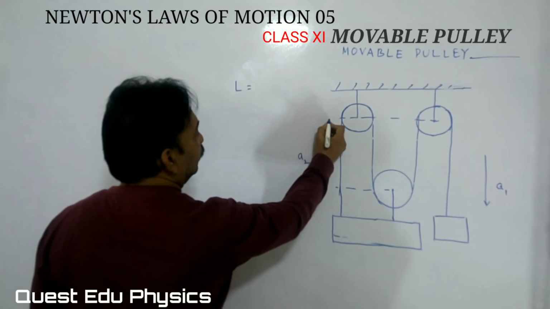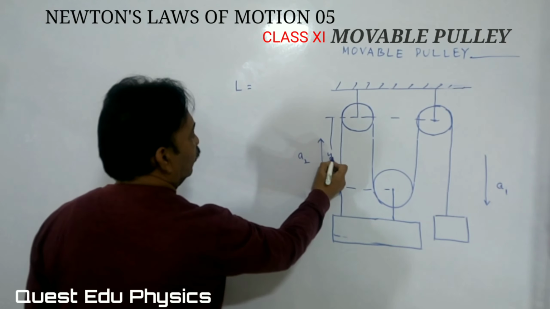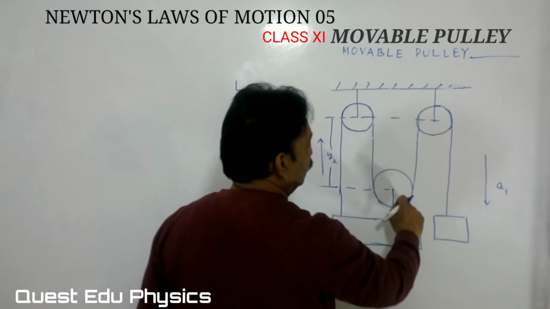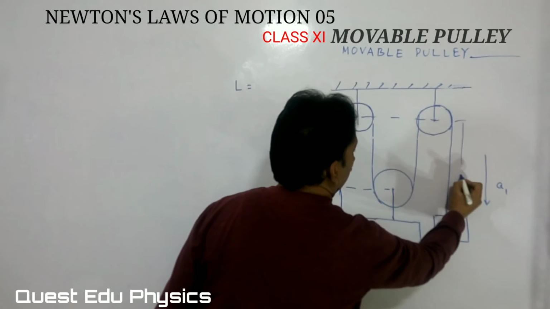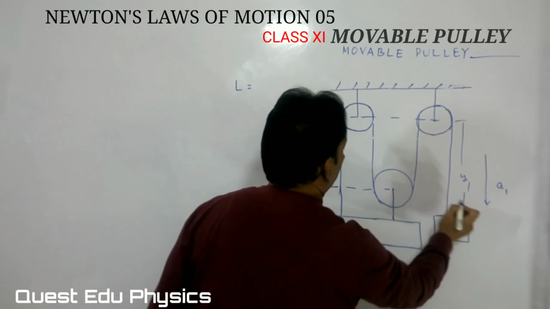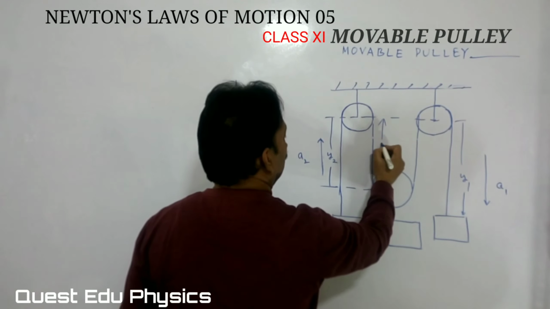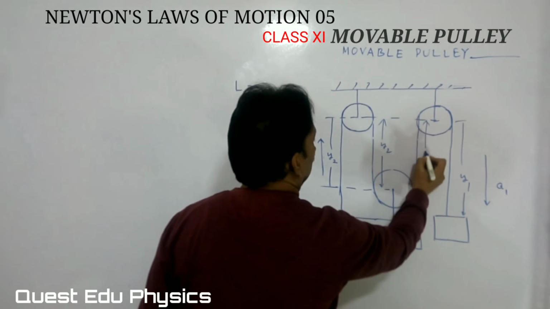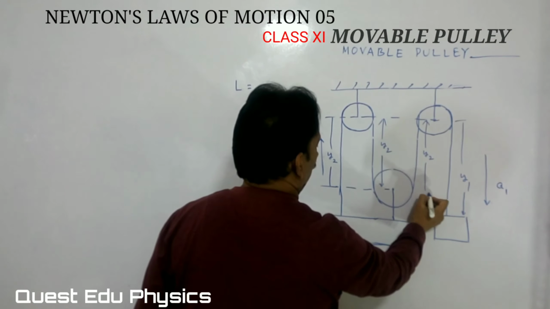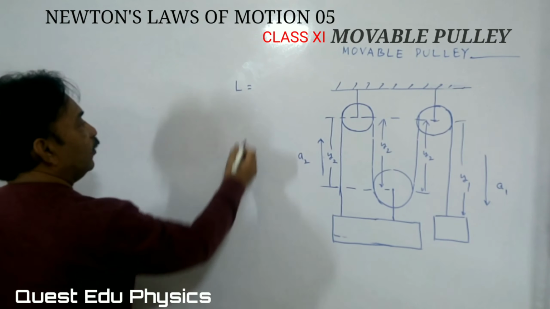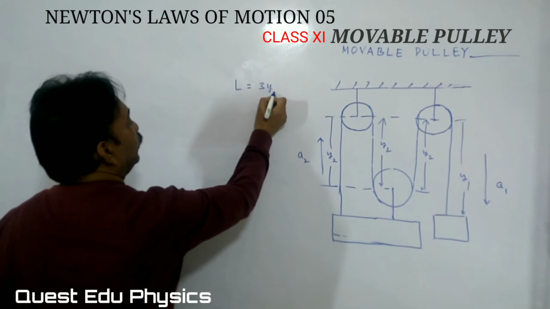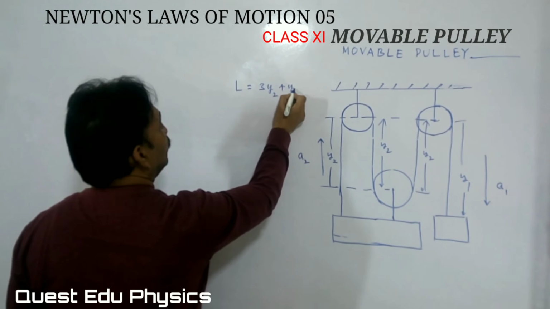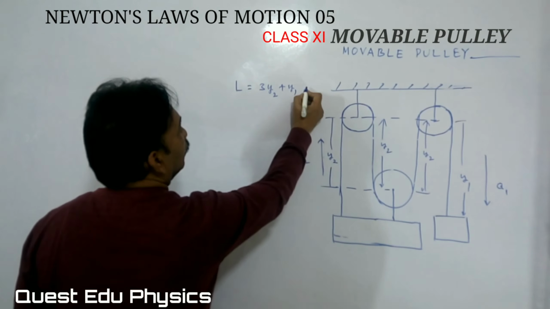Let's say this part is y2, and obviously it is y2 and it is y2, and this one is y1, students. Okay, we can write 3y2 plus y1, and it's the constant length.